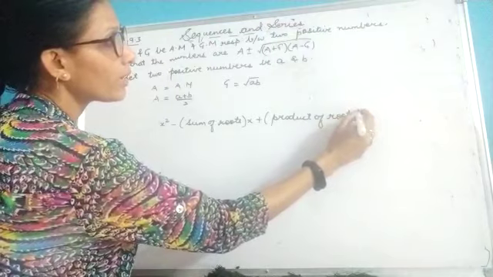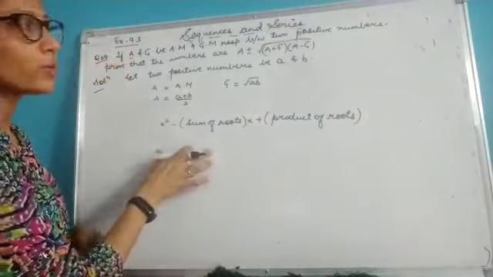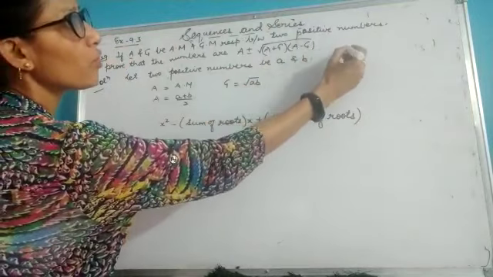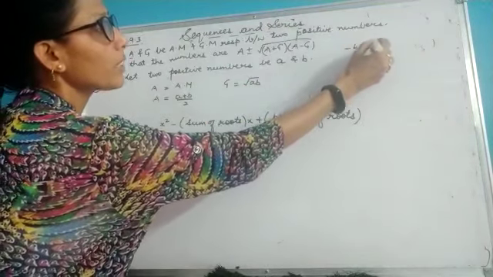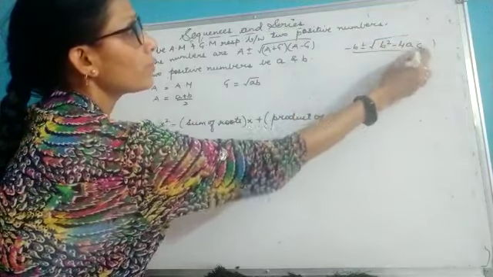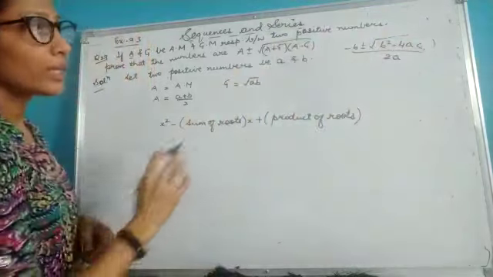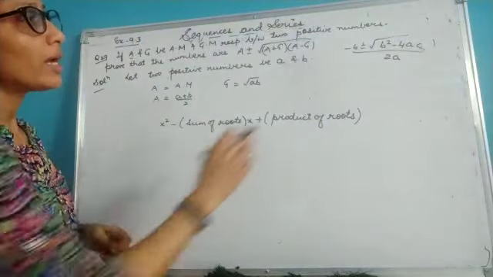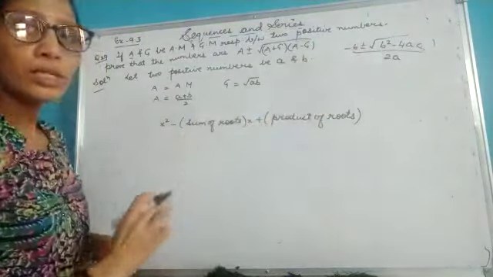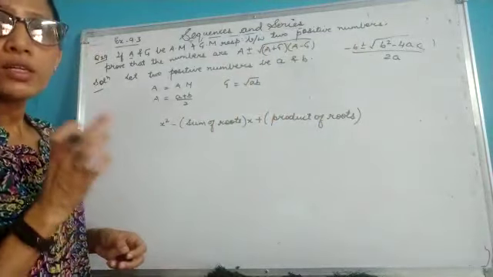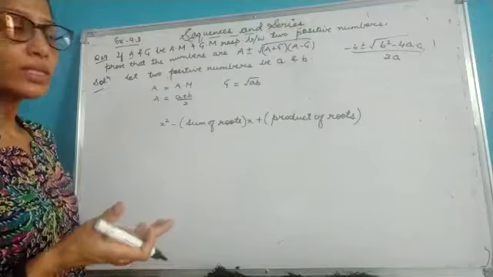Now why am I taking this formula over here? Because you see this thing, it is in the form of minus b plus minus under root b square minus 4ac by 2a form. That means this is Sridhar Acharya's formula and we were using it to calculate the roots of the given quadratic polynomial or quadratic equation.